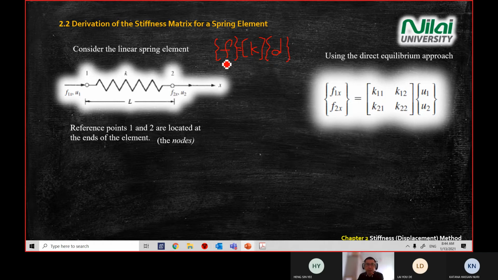We're going to expand what we have in our system. For example, in this system you have two forces, F1x and F2x. So you write what you see in the system inside the bracket on the left for the force. Then the stiffness matrix, I'm going to explain later, and the displacement.